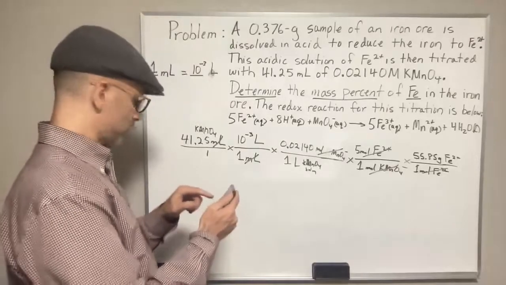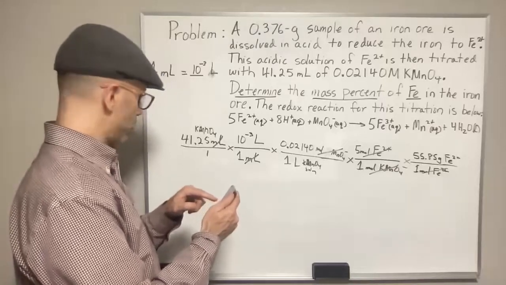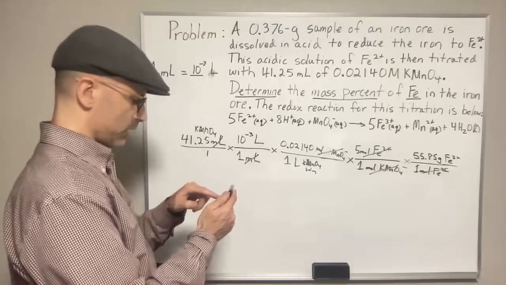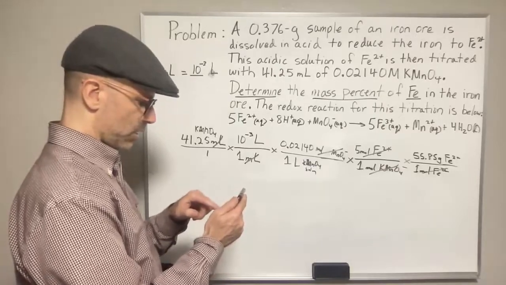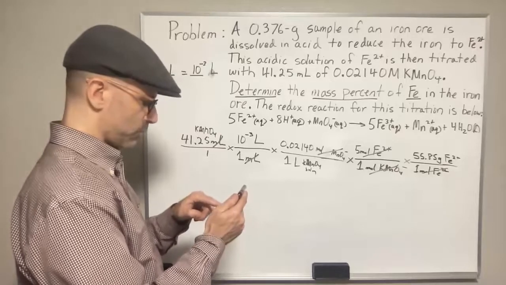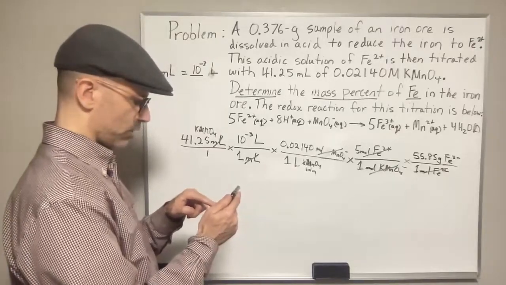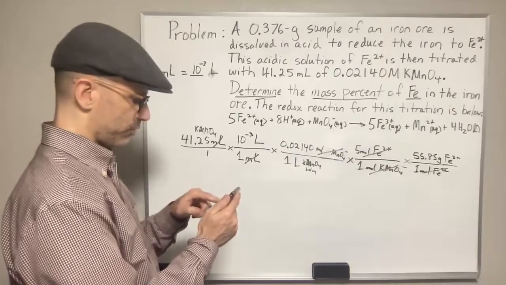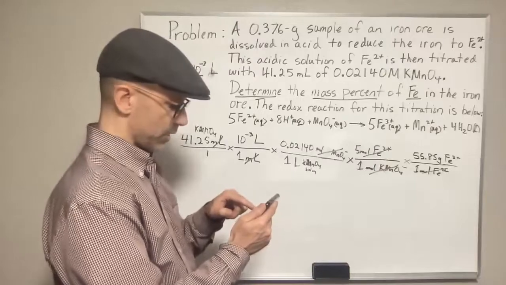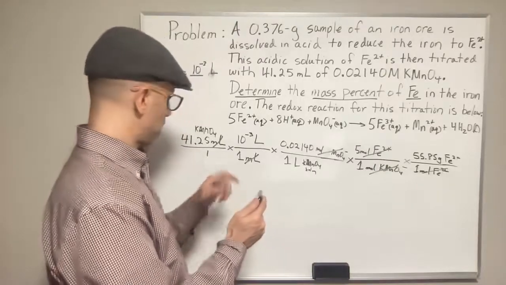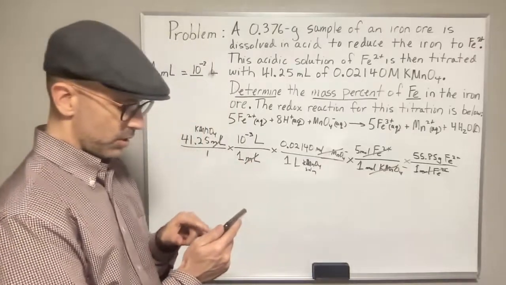So I'm going to calculate 41.25 times 10 to the negative 3 times 0.02140 times 5 times 55.85 divided by 1, 1, 1, 1, 1, all ones on the bottom.